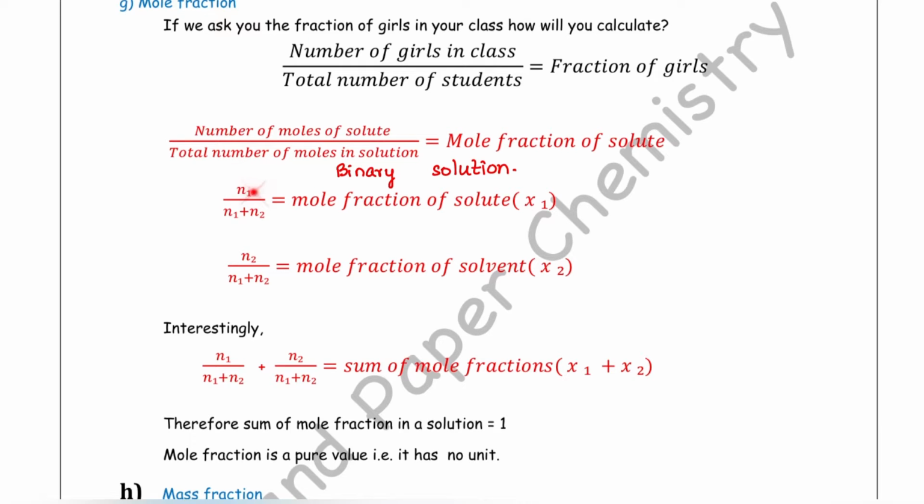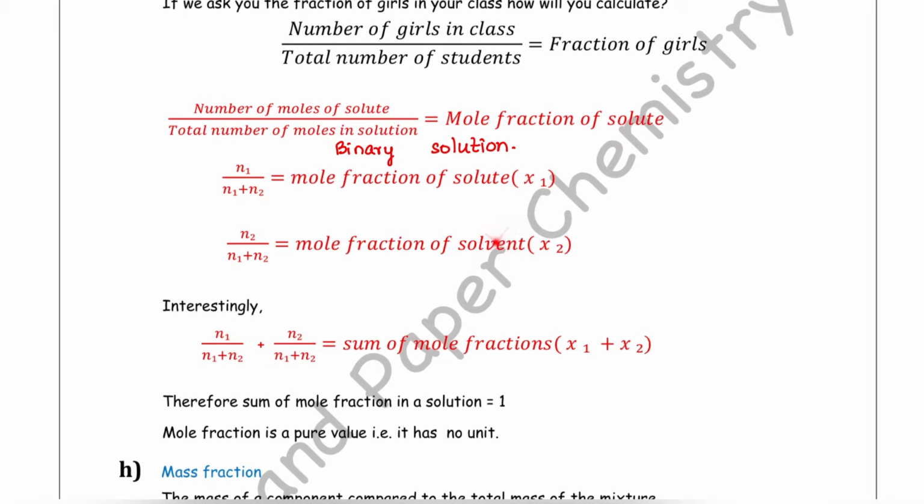So if you have N1 representing the solute, then the corresponding mole fraction is denoted by X1. That would be the number of moles of solute divided by the total number of moles in solution, that is solute plus solvent. Similarly, the mole fraction of the solvent, X2, would be number of moles of the solvent divided by again the total number of moles in solution.